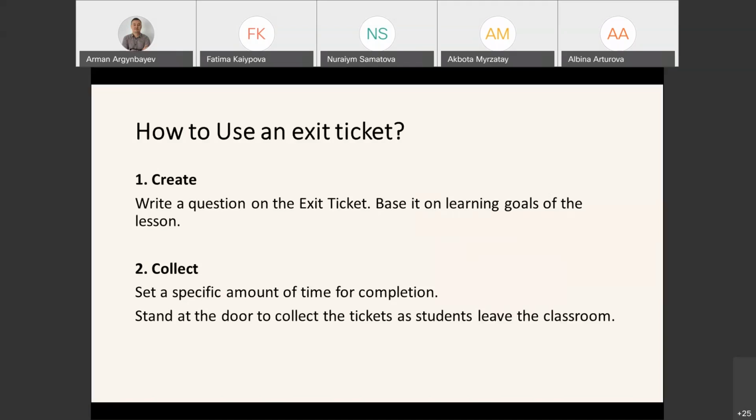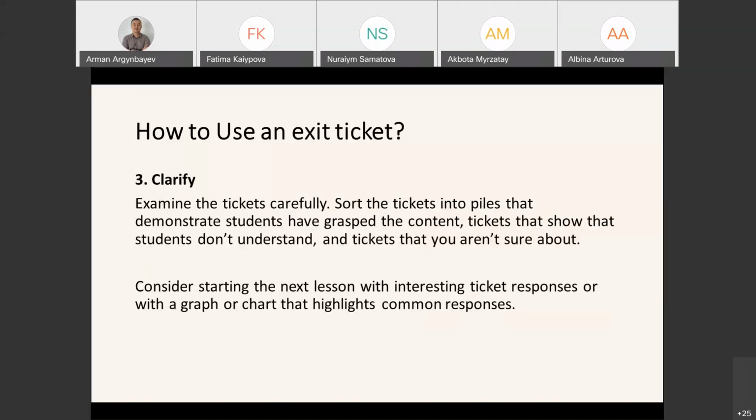Then you stand at the door and collect tickets as students leave the classroom. Then you should examine the tickets carefully. Sort the tickets into piles that demonstrate whether students have grasped the contents. So several piles: one pile which shows that students actually understood the topic, and another pile that students do not understand.